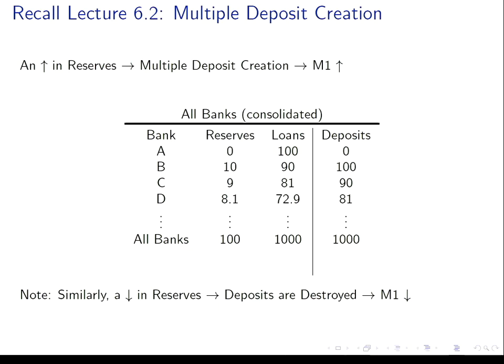No? Anyone with a yes? Why do you think the central bank can control? Come again? Yeah, that's partly true. Excellent answer. The answer is that by manipulating the interest rate that I charge commercial banks, right? If I reduce discount rate, then maybe banks will borrow more.